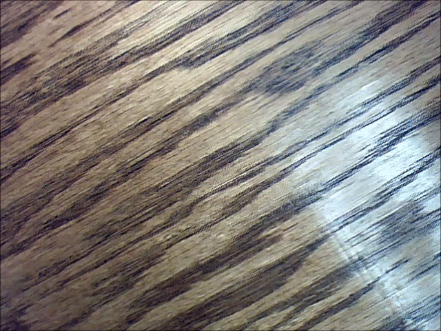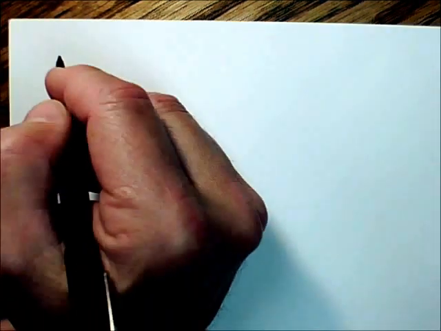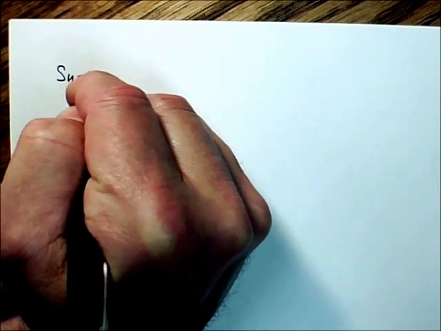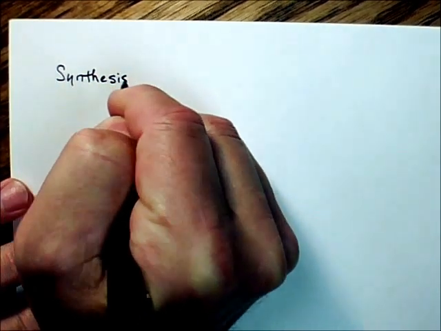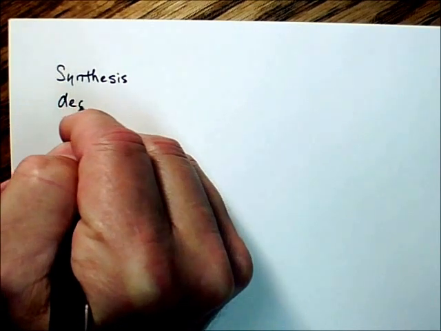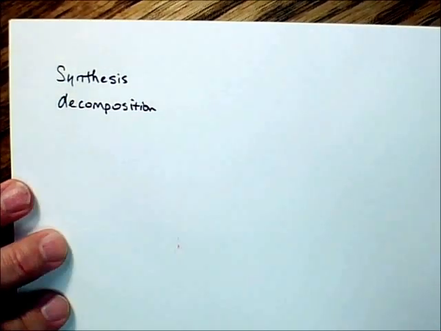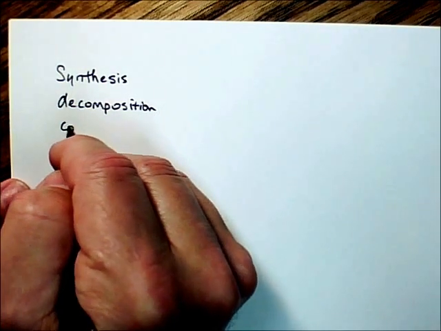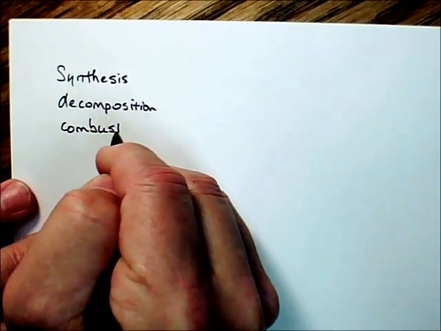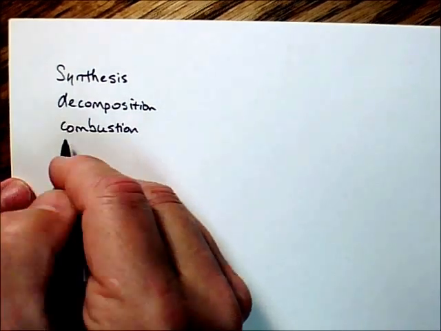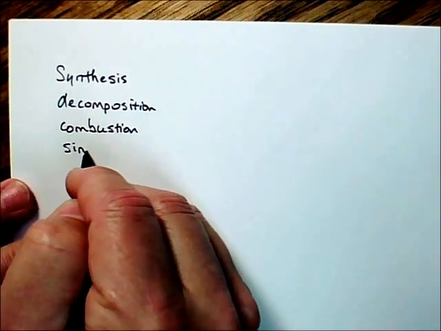Alright, so we have learned to classify 4 kinds of reactions. The 4 kinds of reactions we've learned to classify are synthesis, decomposition, combustion, and single displacement.